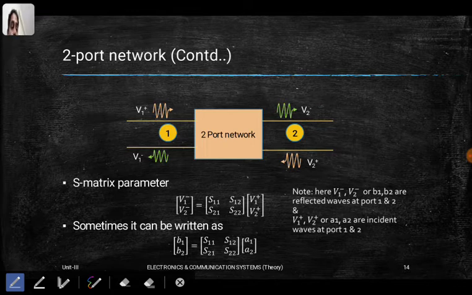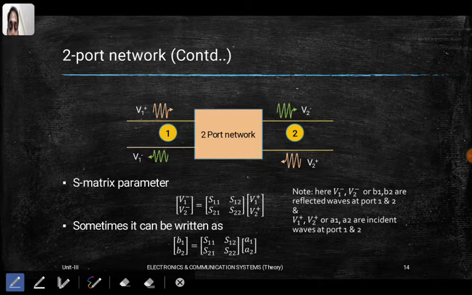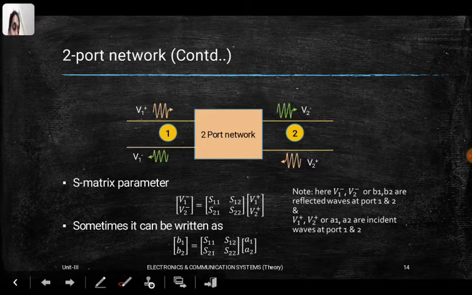This is V2 minus, the reflected one, which I can write as B2, and this other reflected one I can write as B1. So the reflected voltage can also be written as B coefficients, and the incident can also be written as A coefficients.